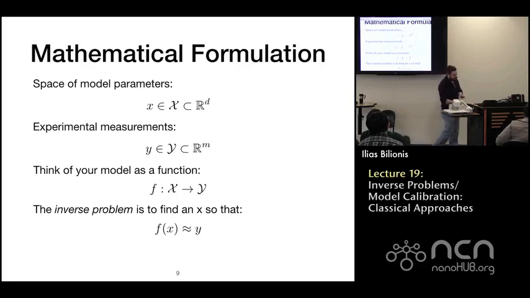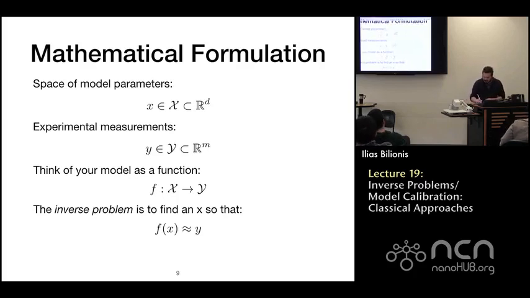So here small x is a d-dimensional vector, small y is an m-dimensional vector. And it goes as follows: somebody gives you all the parameters of the model, you evaluate your model, and that's your estimate for y, f of x.